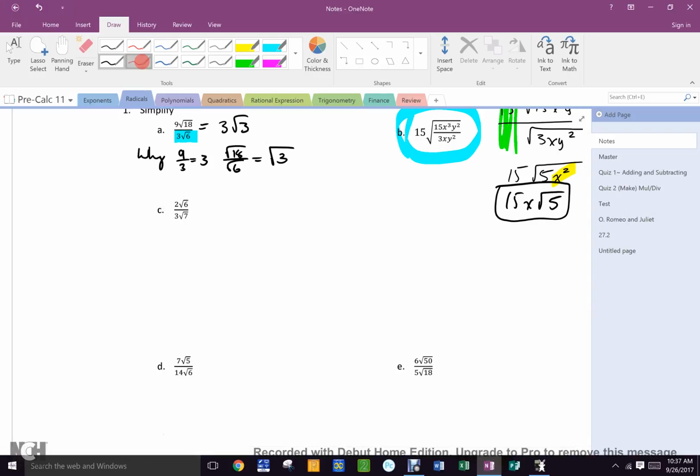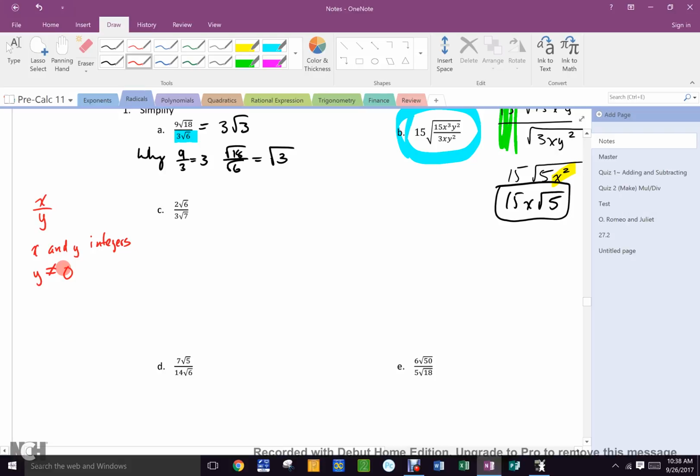I have to think back to the very first day of this year where we defined rational numbers as something divided by something, yes? And there were some rules. X and Y had to be integers, and Y couldn't equal 0.